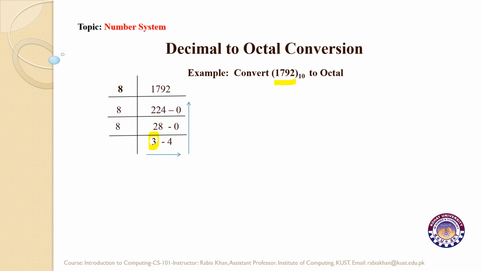The result for 1792 in base 10 is equal to 3, 4 which are written here at the bottom and 0, 0 which are written here at the top. So collectively we write it as 3400 in base 8. I hope you have understood this conversion process.